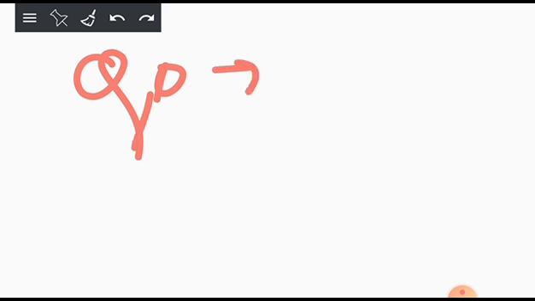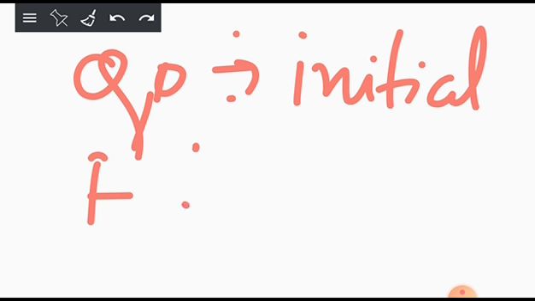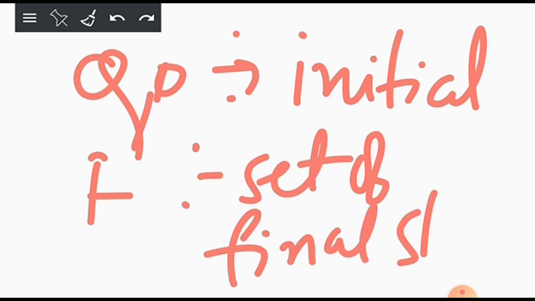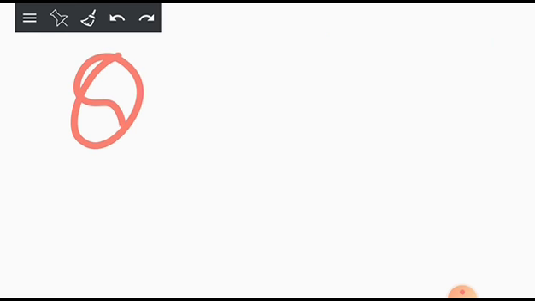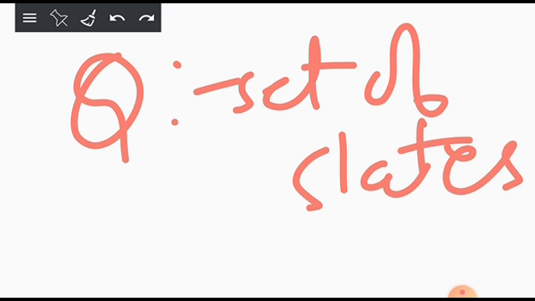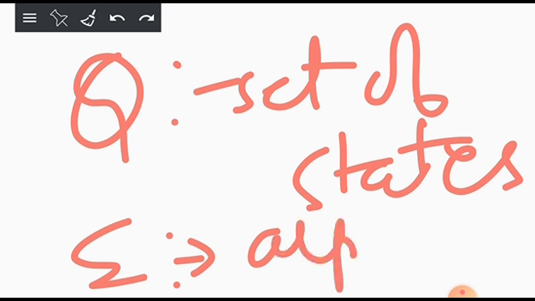So this is the only difference. Q naught is representing the initial state, F is representing all the set of final states, capital Q is representing all the set of states, and sigma is representing all the input alphabets. The only difference is in the transition function, which is represented with delta.